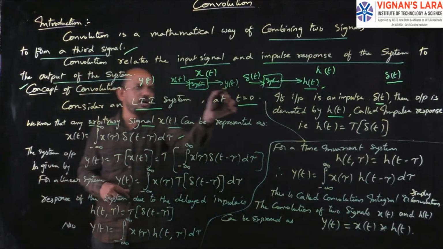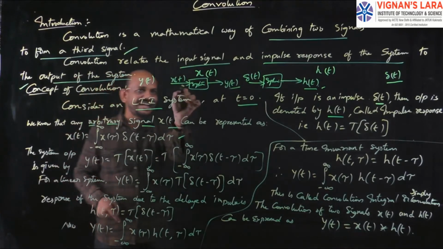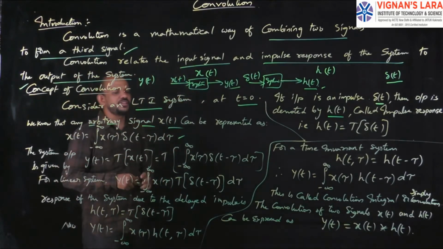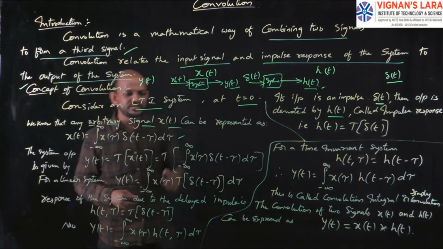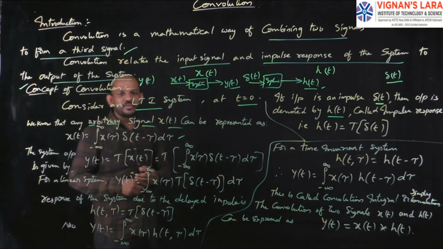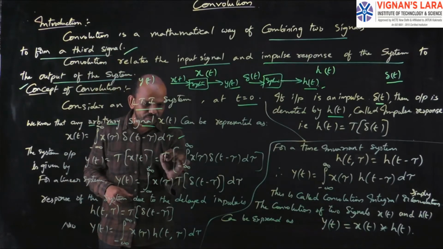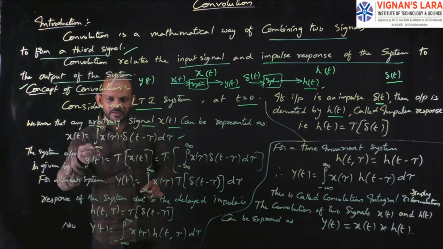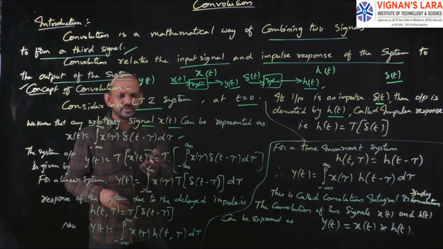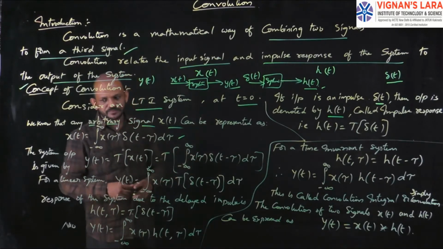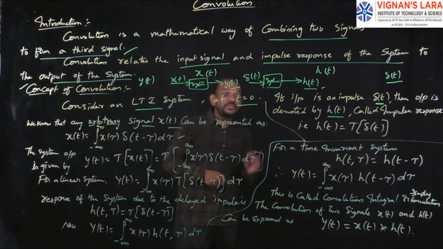Then the system output y of t is given by y of t equal to transformed version of x of t. Already I know the equation of x of t, that is integral minus infinity to plus infinity x of tau del of t minus tau d tau. So I can write this as transformed version of integral minus infinity to plus infinity x of tau del of t minus tau d tau, because I substitute the value of x of t in this equation. Okay. Now I consider this as a linear time invariant system.